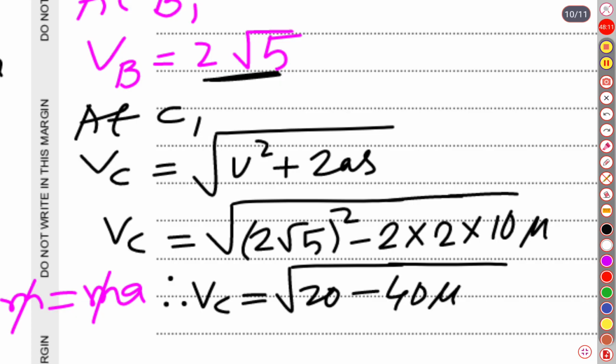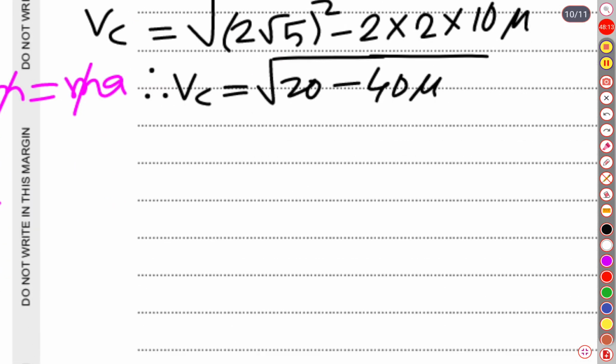Now the velocity at E. We will have to find the velocity at every point. At E, the final point, the velocity at E is equal to, they have told us to find the mu first of all.